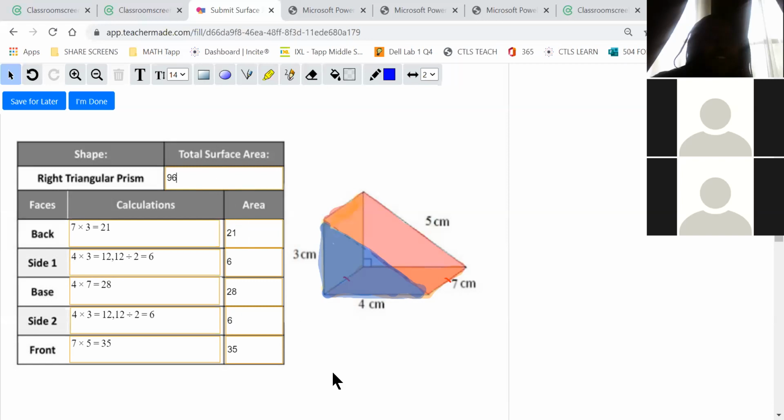And we could go ahead and write our units, 96 square centimeters. And notice I'm showing you different ways you can write the square centimeters because you'll see them written in different ways. So I want to write it a little differently sometimes so that you can see that. All right, so I'm going to clear and go to the next one.